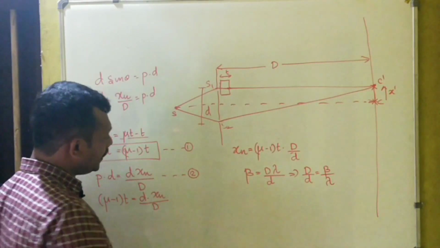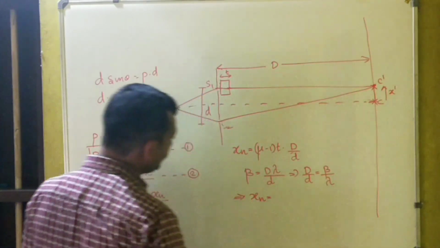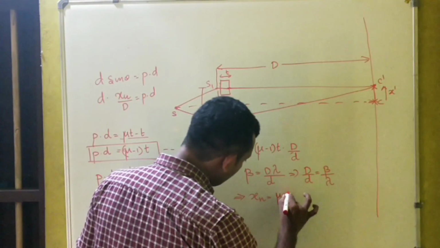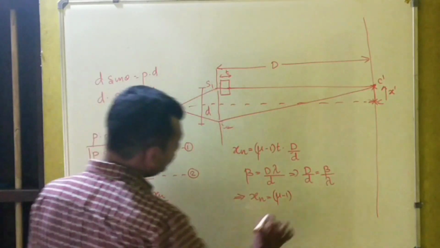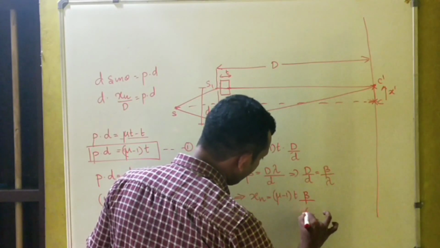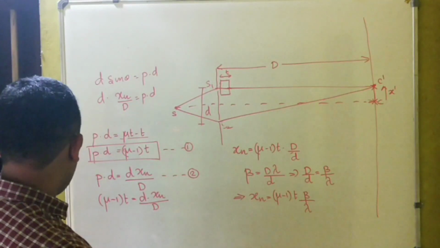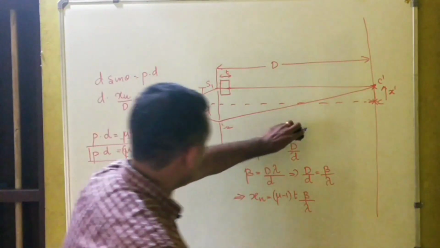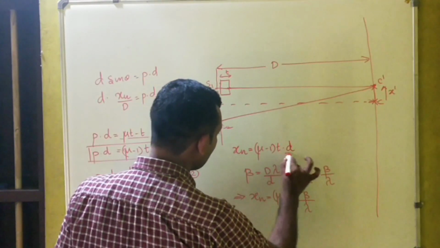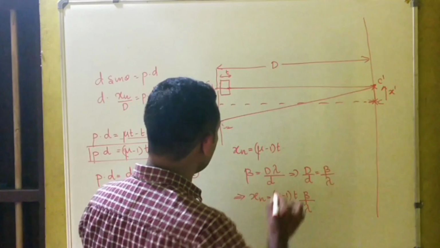So the shift xn is equal to (mu minus 1) into t into beta divided by lambda. Oh, sorry, I made one more mistake. It is not small d divided by capital D, it's capital D divided by small d.